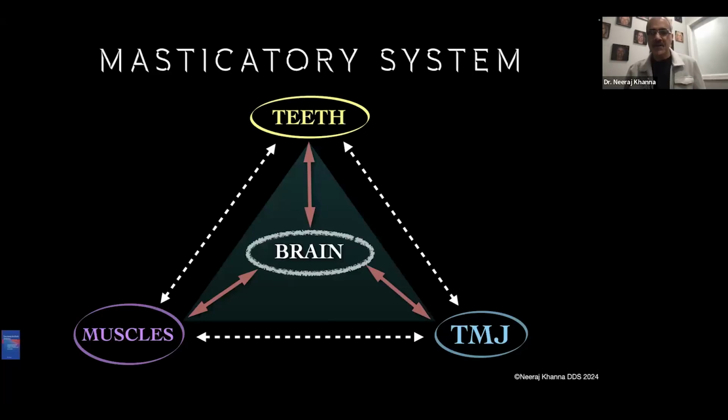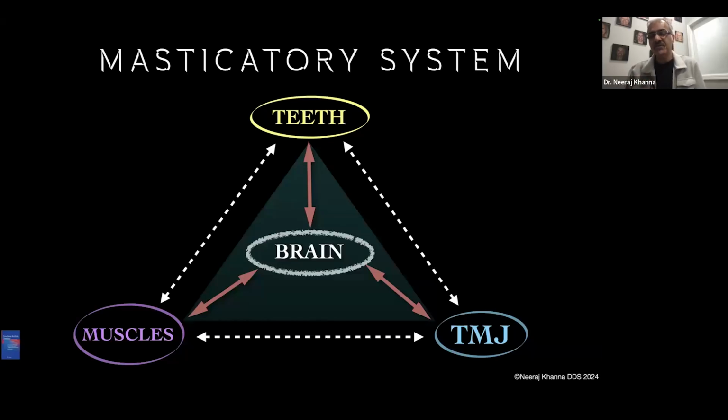And I'll give you a great example of how it's important to understand this. If you've eaten something and you found a small fragment of bone or a particle of something that doesn't belong in that bolus of food, this masticatory system that you see in front of you can have immense communication skills to dissect that small piece out of the bolus of food, even as small as a hair.